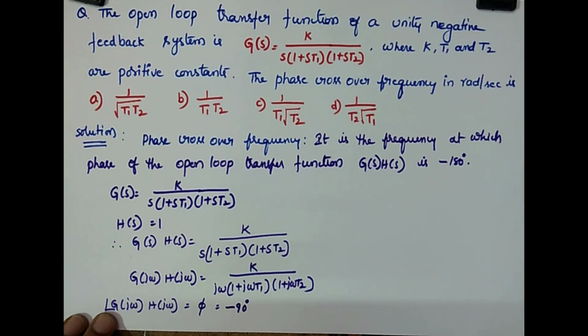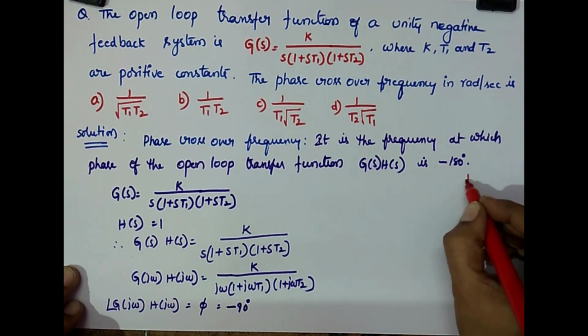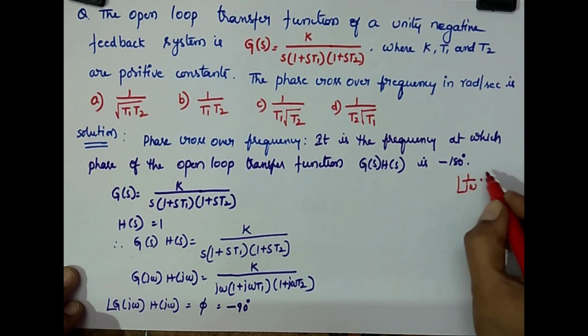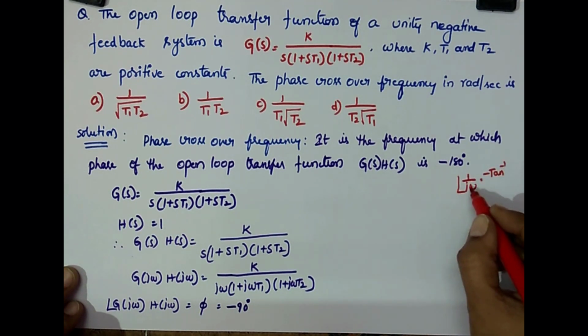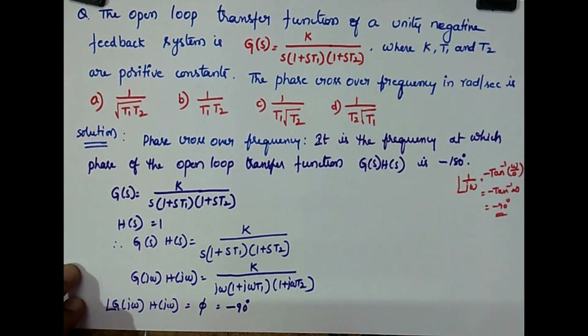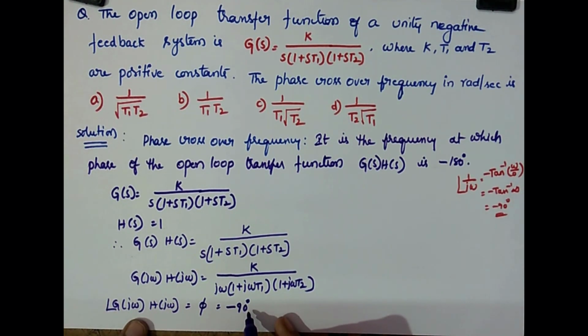I think you understand this. The angle of 1 by jω: as it is 1 by, you have to go for minus tan inverse. The imaginary part is ω and there is no real part, so minus tan inverse infinite is minus 90. That is the reason I mentioned minus 90 here.